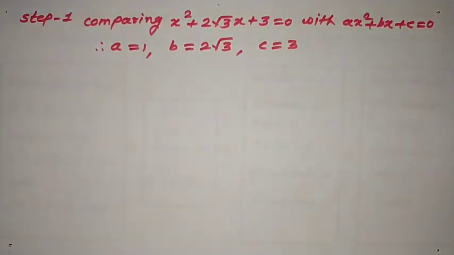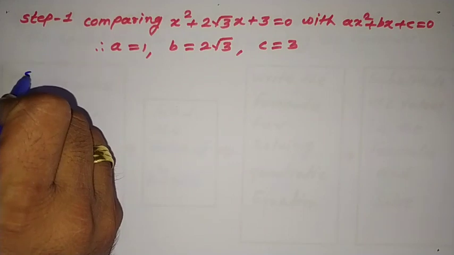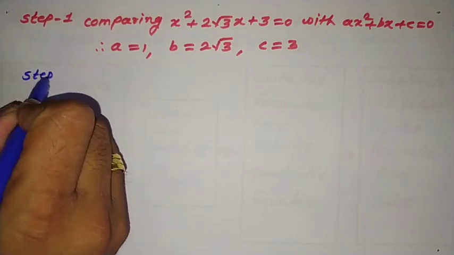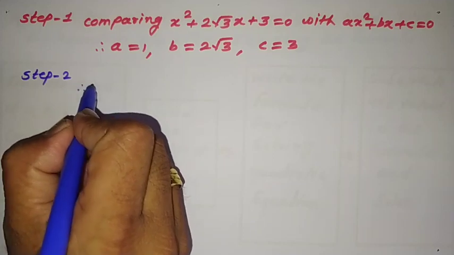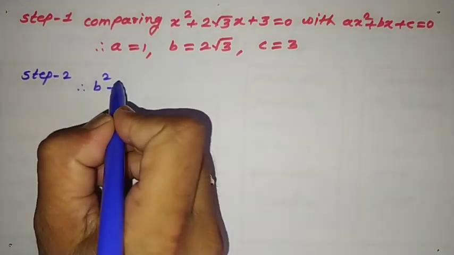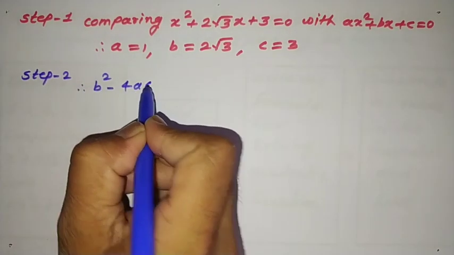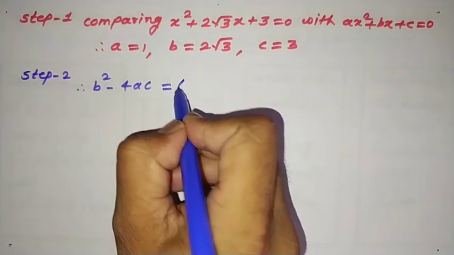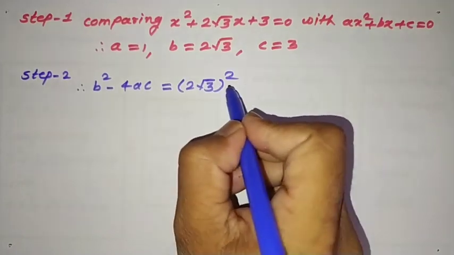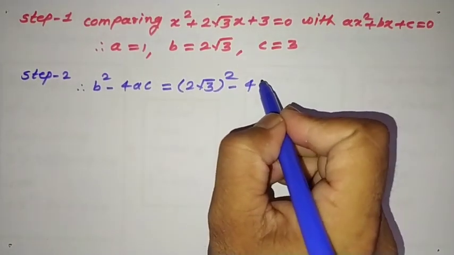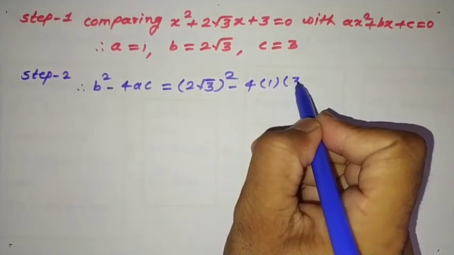Second step, find the value of b square minus 4ac. Put the value of b, 2 into root 3 square, minus 4 into a is equal to 1, c is equal to 3.